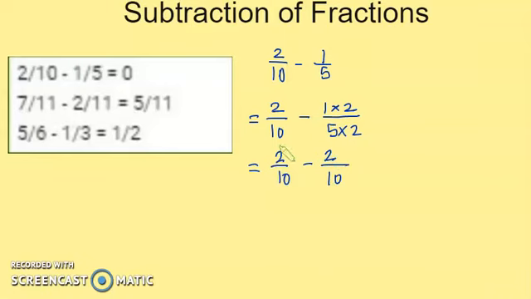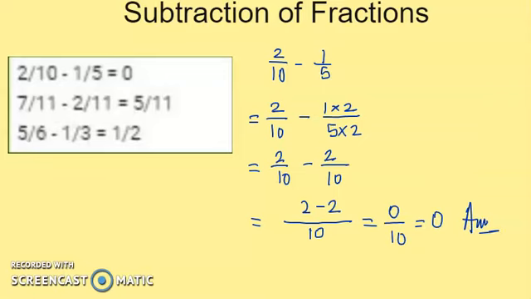So you get 2 by 10 minus 2 by 10. Now as we followed in addition, the denominators are the same, so we will write the denominator here, and 2 minus 2. This time we will put the negative sign because it is subtraction. Now that gives you 0 by 10 and our answer is 0.